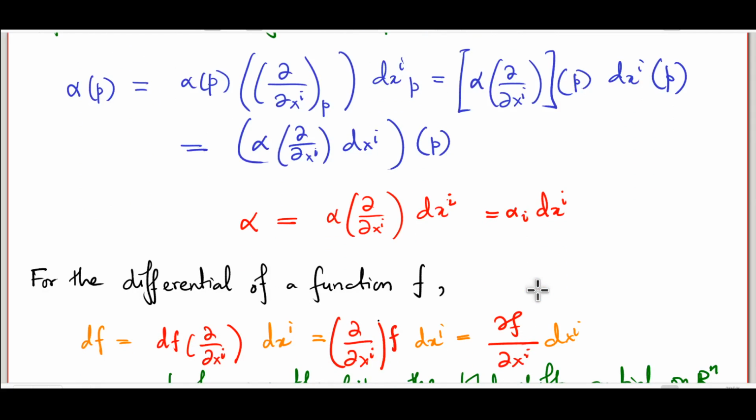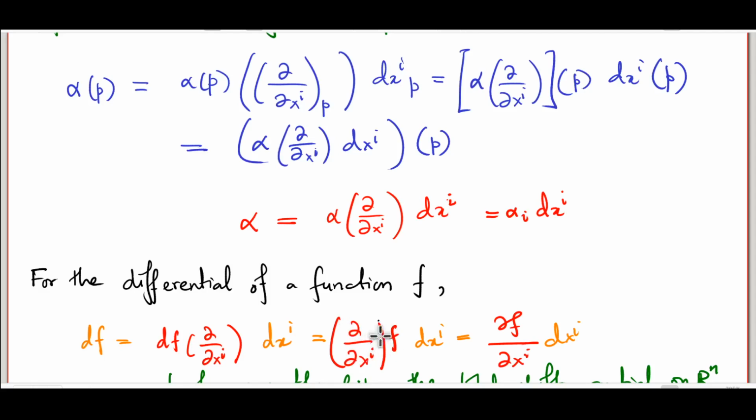Note that according to this, df must be the same as df acting on del xi to give us the component functions times dxi, the coordinate basis covectors or covector fields. Now, by the result that we had already worked out earlier, the differential of a function acting on a vector field is the same as the vector field acting on the function.